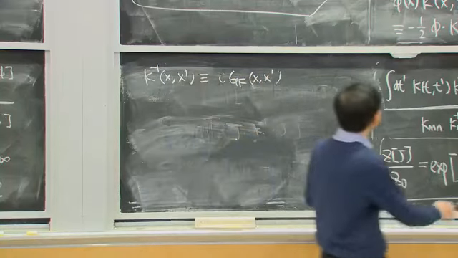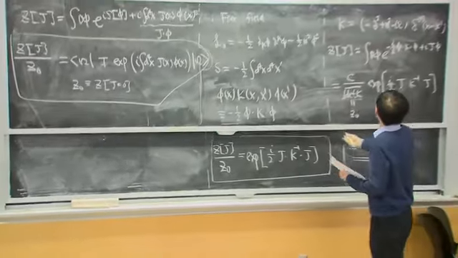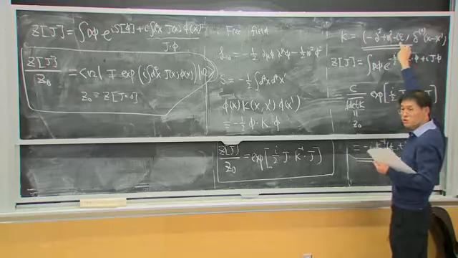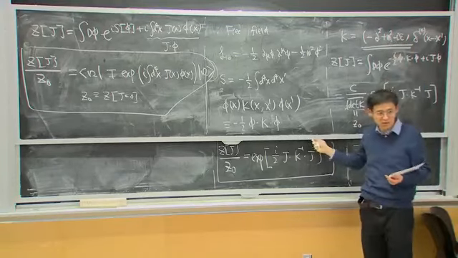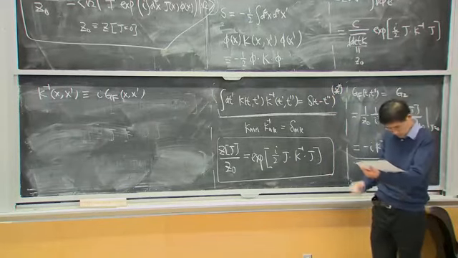This epsilon prescription, m² goes to m² minus iε, is also precisely what we did before for the Feynman function.